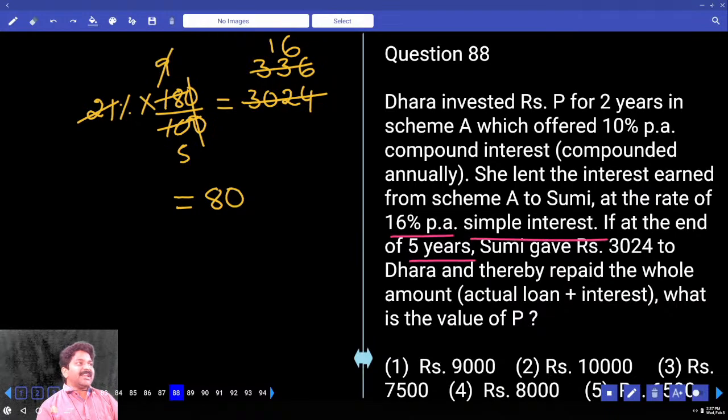How much is this 80 equals to? 1%. If 1% is 80, 100% in the sense, 8,000.